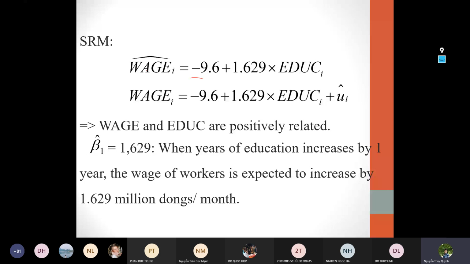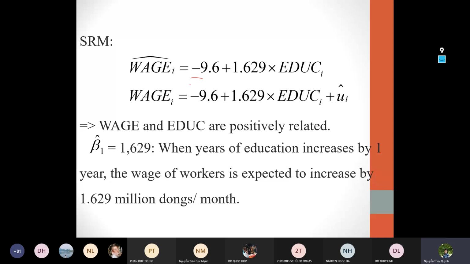And if you take the sum of all the ui hat that you get, that sum will be equal to 0, or approximately equal to 0, because we have some calculation approximation here. All right, so you can check that.